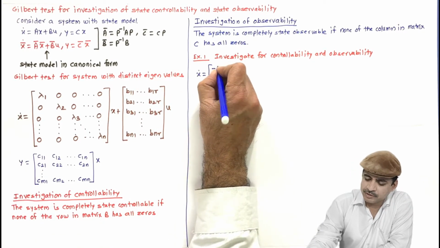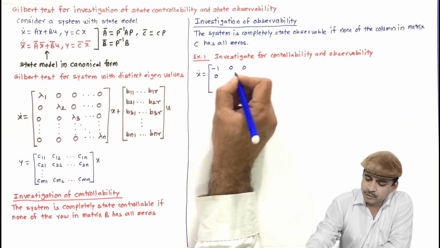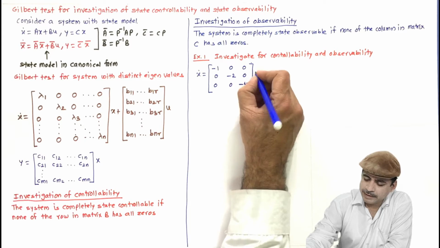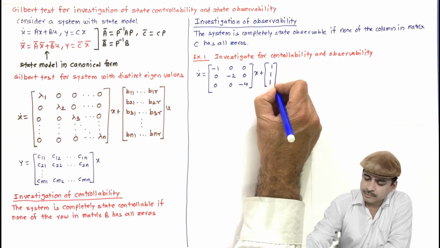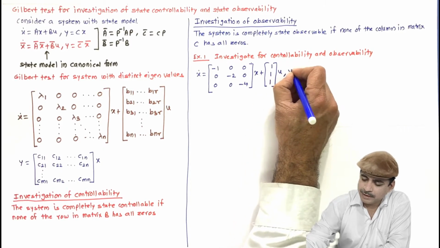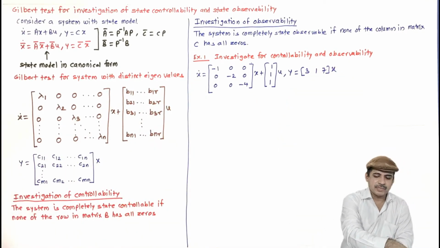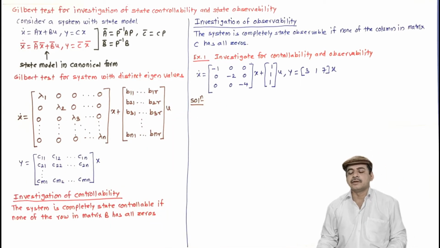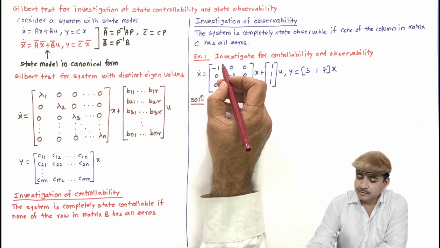So let us consider the matrix -1, 0, 0; 0, -2, 0; 0, 0, -4, times x plus 1, 1, 1 times u, and y is equal to 3, 1, 7 times x. So the system is in diagonal canonical form. Now let us check the investigation of controllability.